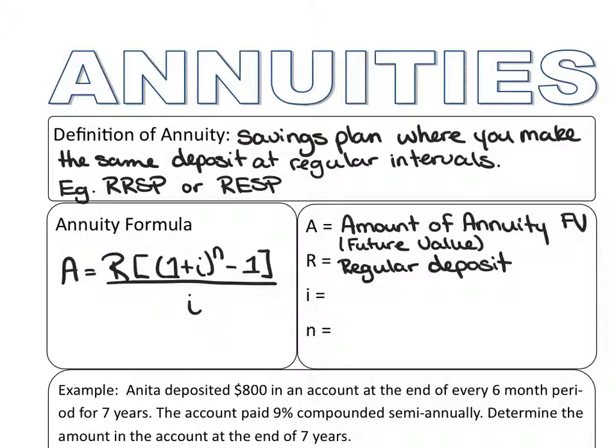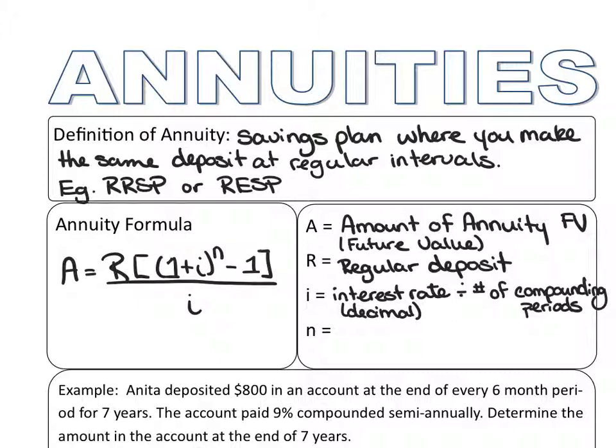I is your annual interest rate in decimal form divided by the number of compounding periods per year. And I'm going to show you how to do that in our example.